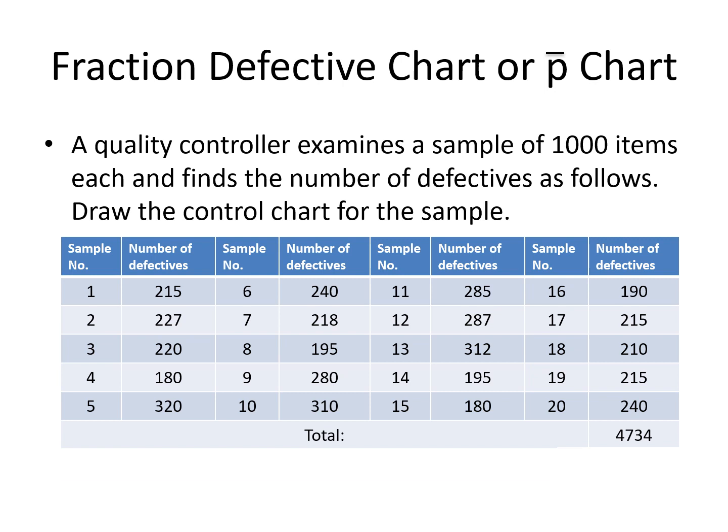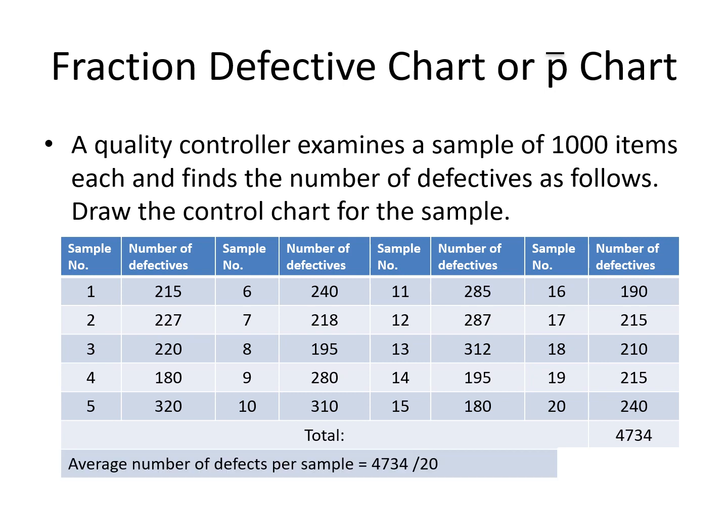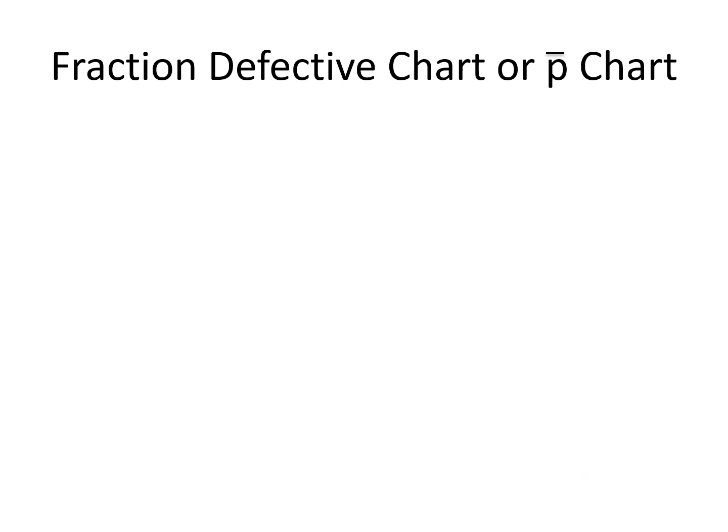The total we get is 4734, and by dividing 4734 by 20, we get 236.7, which is the average number of defectives per sample. So to draw the P bar chart, or fraction defective chart, we know that the size of the sample is 1000.